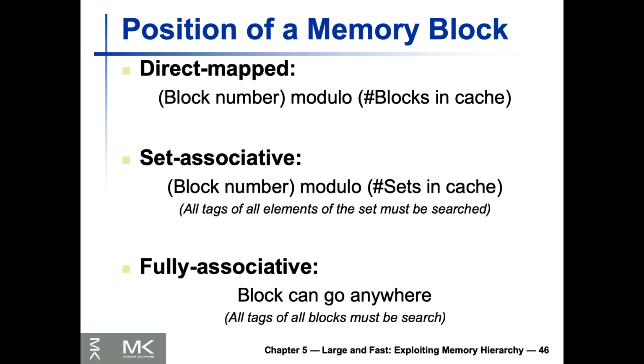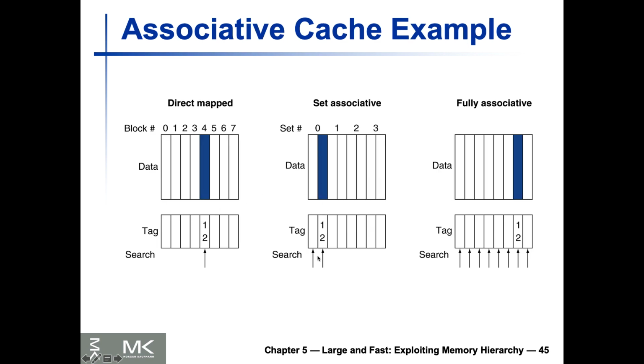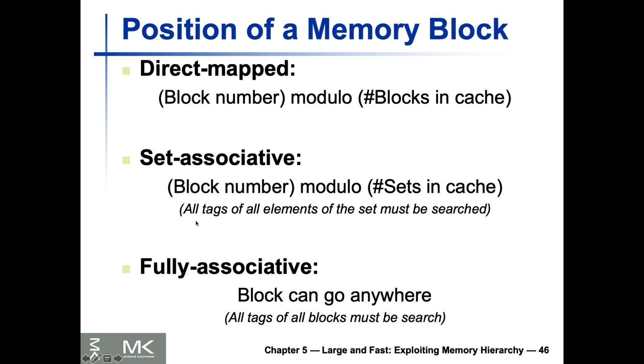When you found that it would be placed in set 0, inside set 0 you need to search. That's why you have these arrows for search here. For fully associative, the block can go anywhere, and all tags of the blocks must be searched.